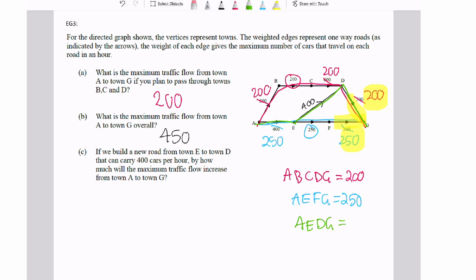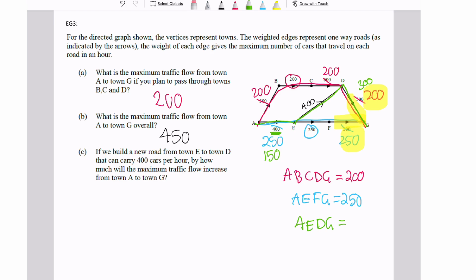And the pipe, or I should call these roads now, shouldn't I? Because they're towns. The road DG, it could hold 500, but I've already used 200 from another route I've used. So I could use 300 out of the road left over from D to G, but I could only use 150 to make up, remember that road A to E could only hold 400 cars.